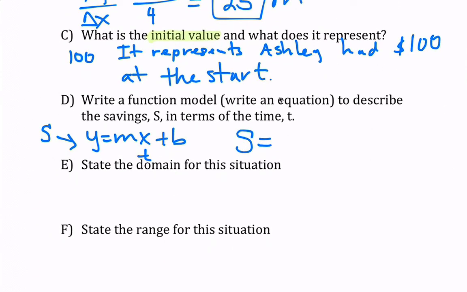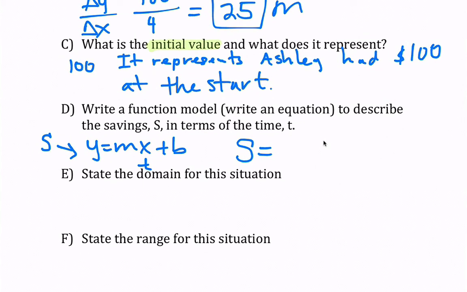So s equals, we already found out that m was 25, times t for time, plus our y-intercept, which is positive 100. It started at 100.